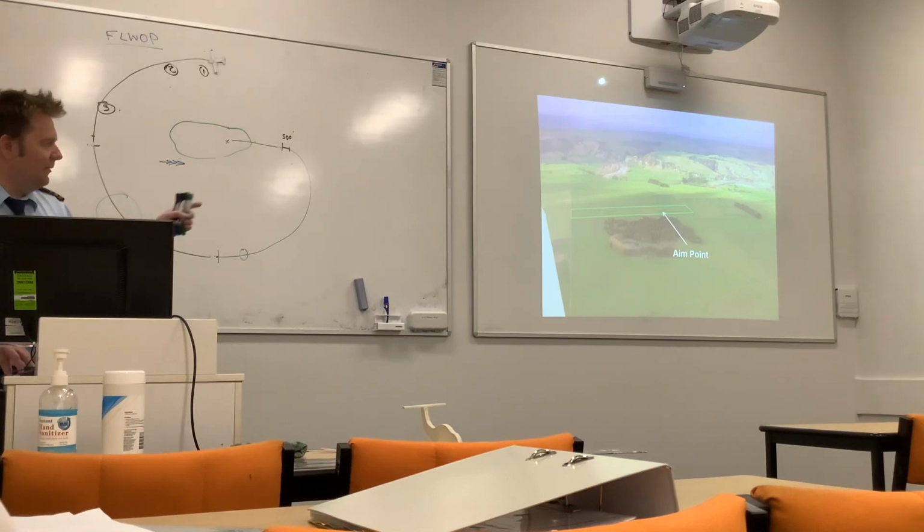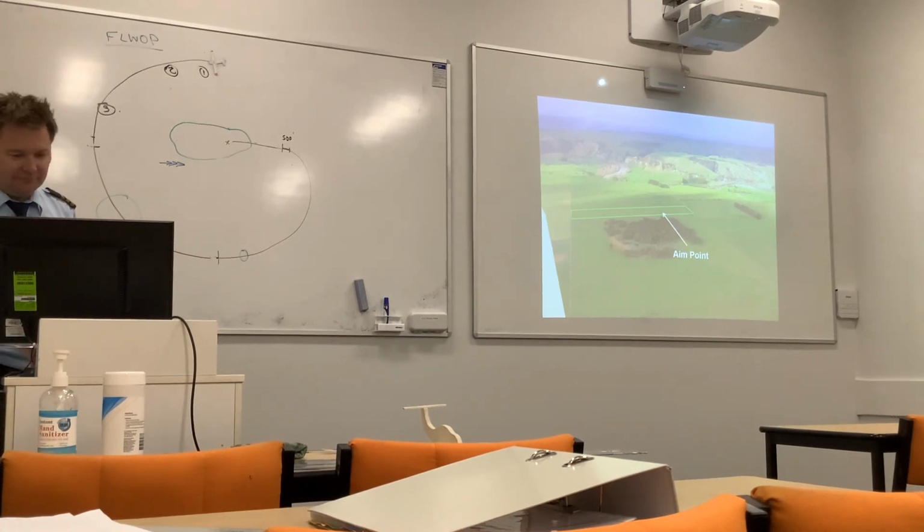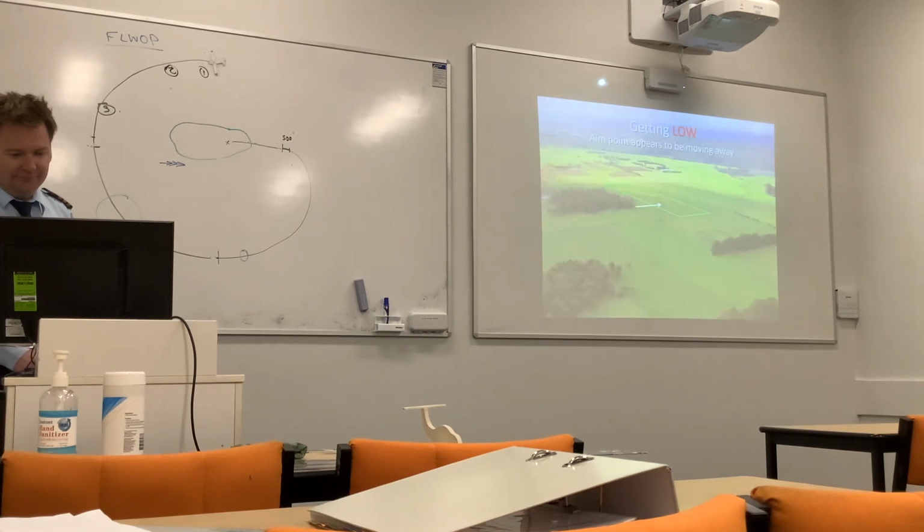I know you don't know the type, but in the Cherokees, that's about halfway. So, slightly closer, tracking to our low key point, and we've shut the engine down, picking a point 1/3 of the way in.